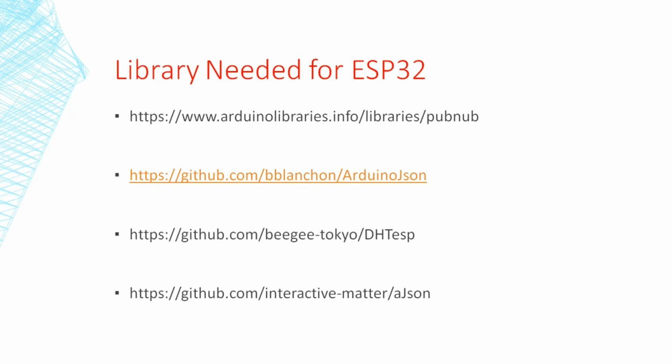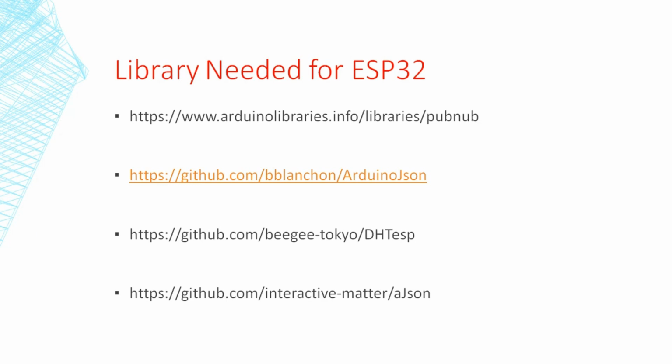The very first is the PubNub library, which is open source and provided by PubNub, and is used for connecting to the PubNub system. The next one is the ArduinoJson library, then the DHTesp library, and the last one is the AJSON library. So please ensure you install all these libraries before you jump onto the ESP32 programs.